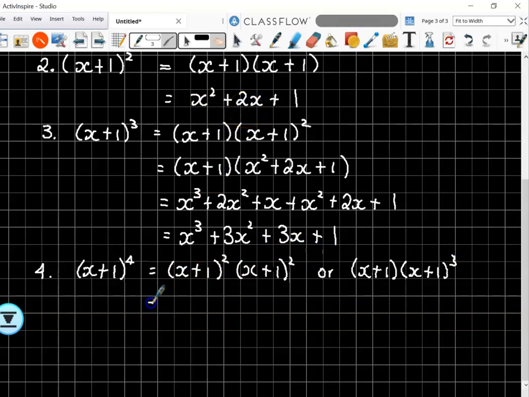I don't care which one you do, you are either doing this times this. So if you've got a quadratic times a quadratic, what we did before, everything in the second bracket gets times by x squared, then everything gets times by 2x, then everything gets times by 1. Same, same. With this one, you would then be doing everything gets times by x and then by 1.